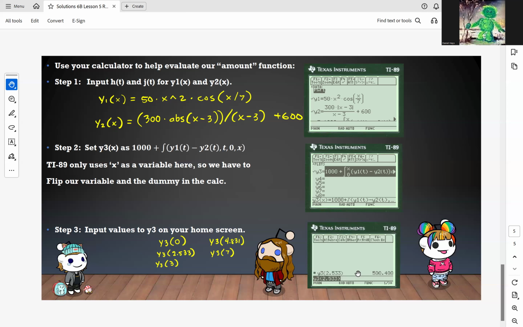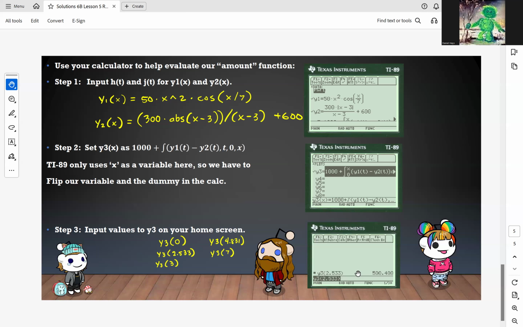TI-84 is pretty similar. You're going to go to y equals, you're going to put your rate functions into y1 and y2, and you're going to go over then to y3 and try to type in 1000 plus integral. To find the integral on the 84, you want to go to the math menu on the left side of your calculator and find function integrate, which is choice number 9.